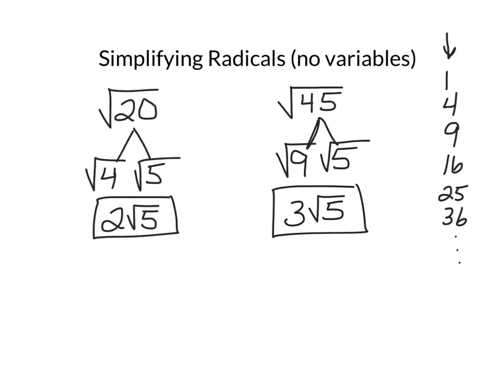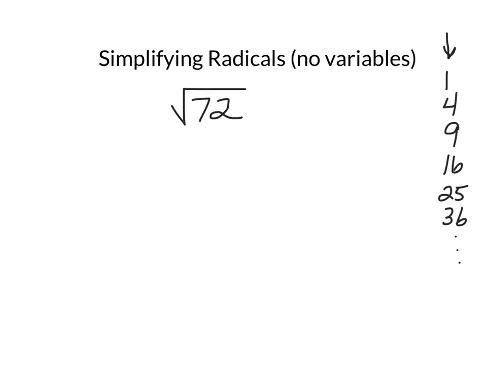I think I'll do one more just to show you one little weird thing that could happen. Here's the square root of 72. And when you're thinking about perfect squares that could divide evenly into 72, a lot of us know this, 9 times 8. There we go. And we know the square root of 9 is 3.